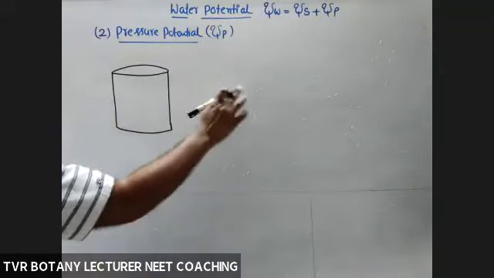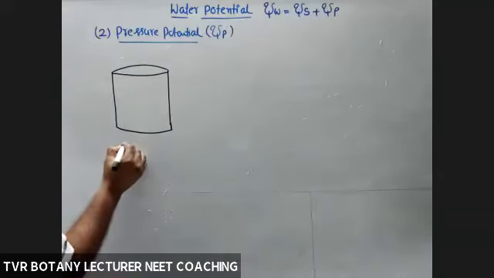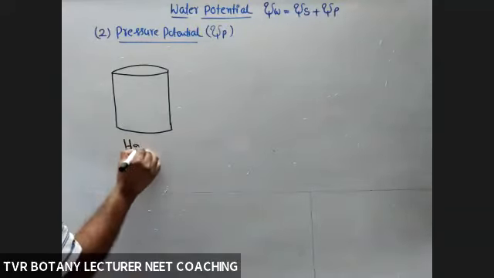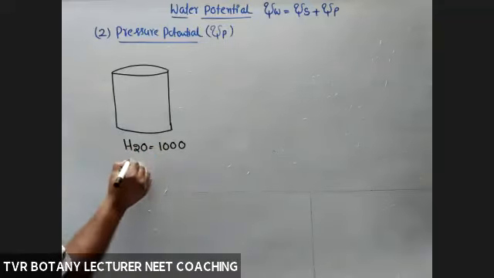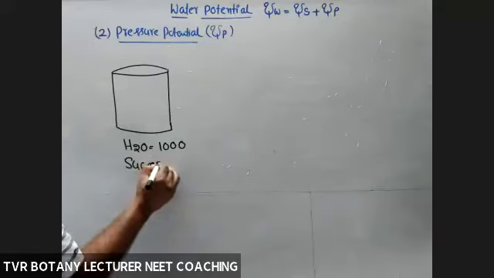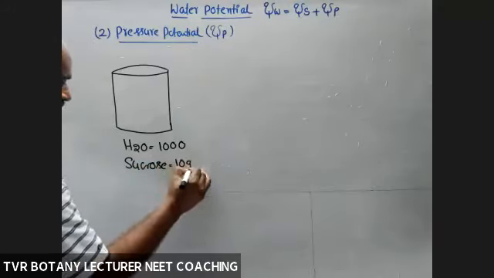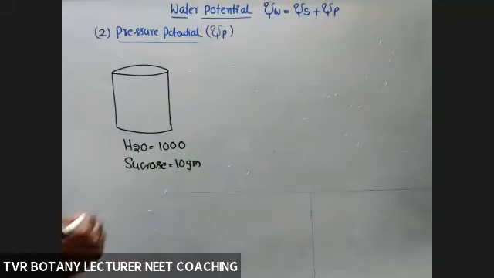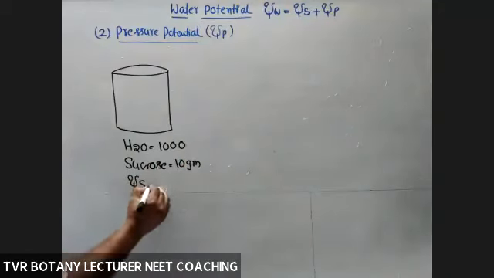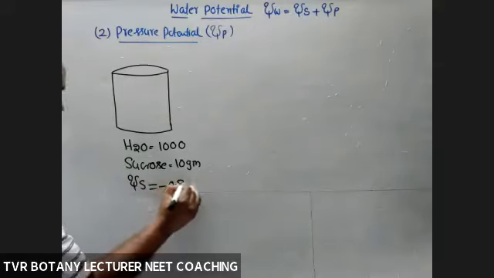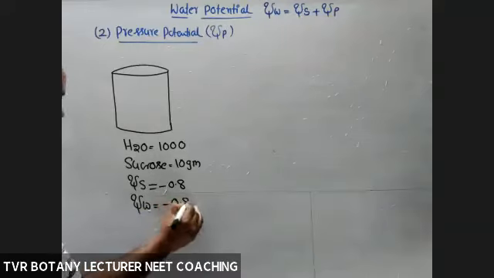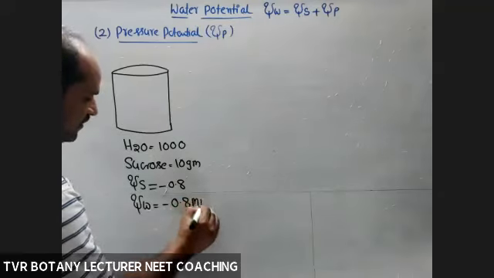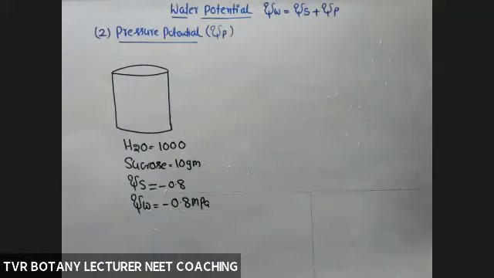In this beaker, after the addition of sucrose, the number of H2O molecules is 1000, sucrose is 10 grams, and the psi S value is minus 0.8. The psi W value according to solute potential is minus 0.8 megapascals, right?